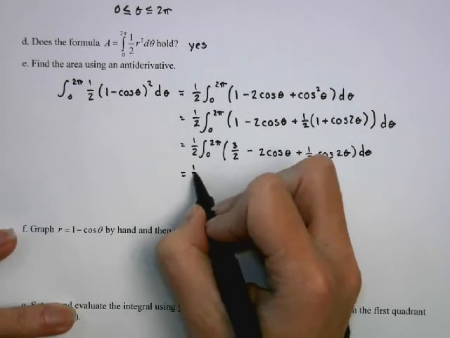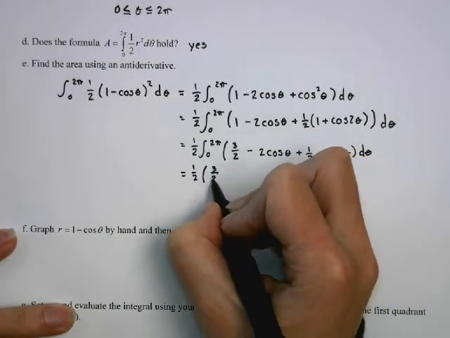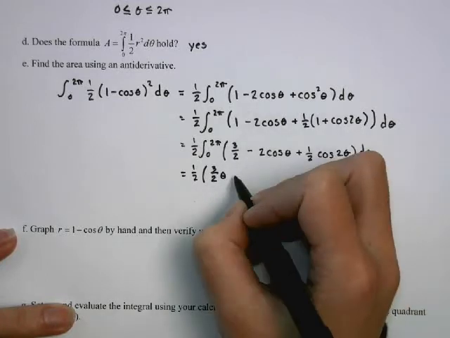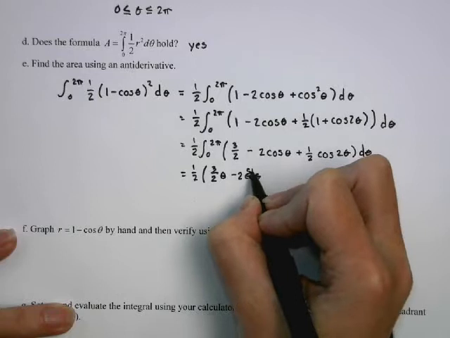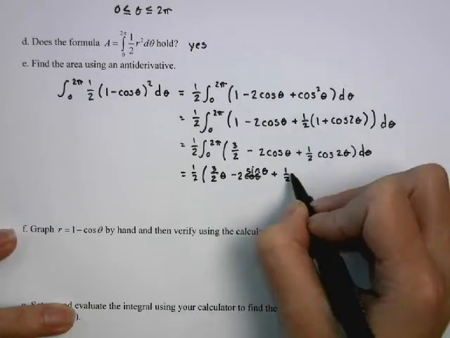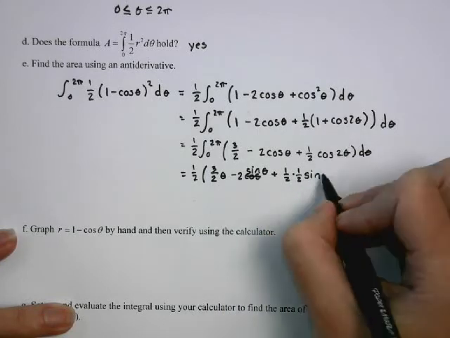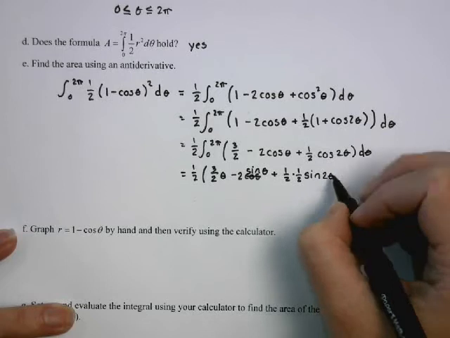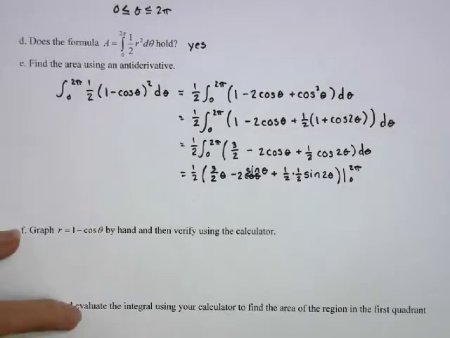So this is going to be 1/2 times 3/2 theta minus 2 sine theta plus 1/2 times 1/2 sine 2 theta, evaluated from 0 to 2 pi.